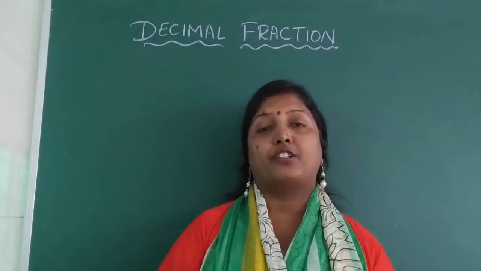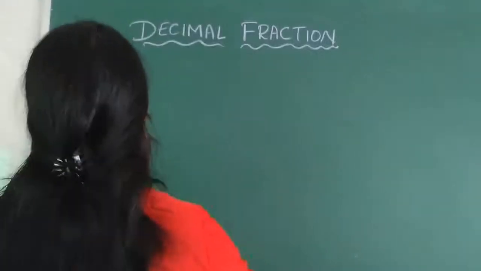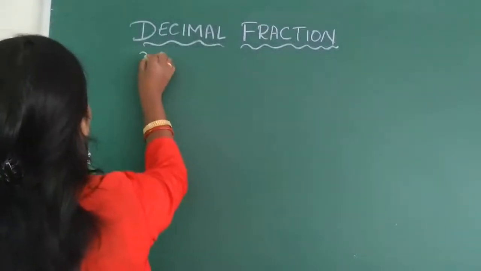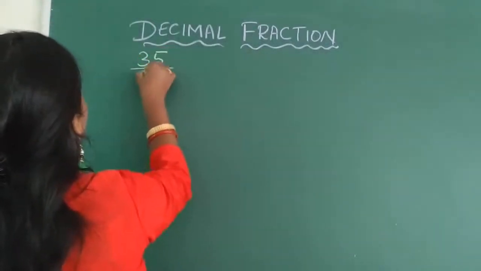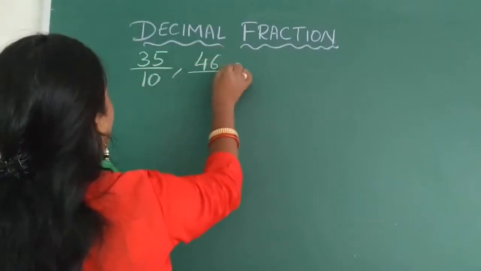It's called fraction. Why? You see, if the number can be represented in the form of, say, 35 by 10, 46 by 100.